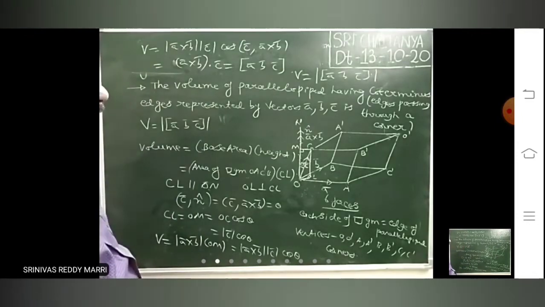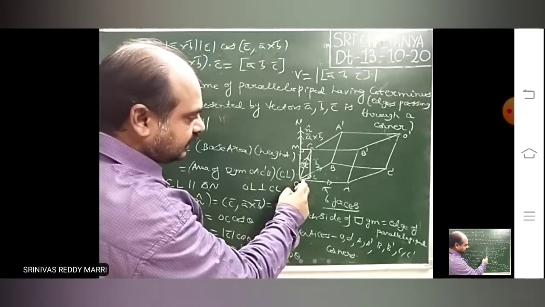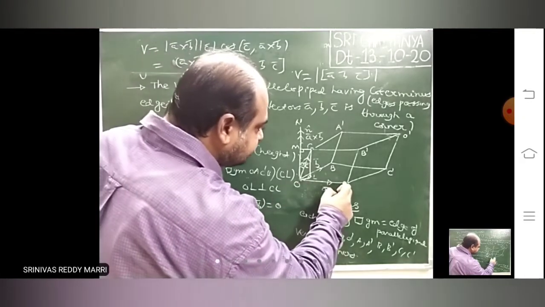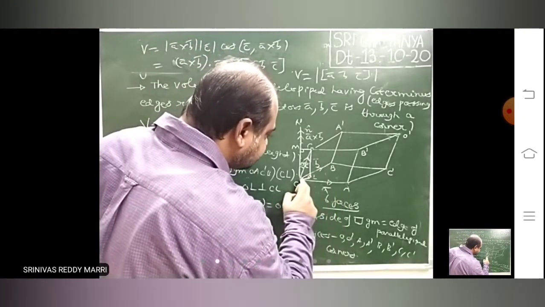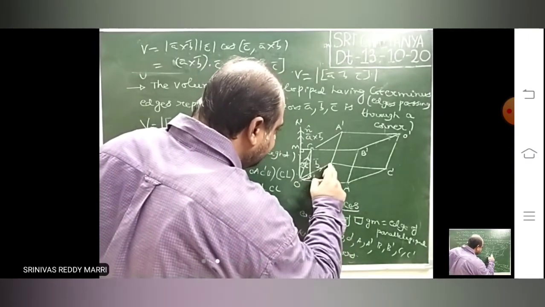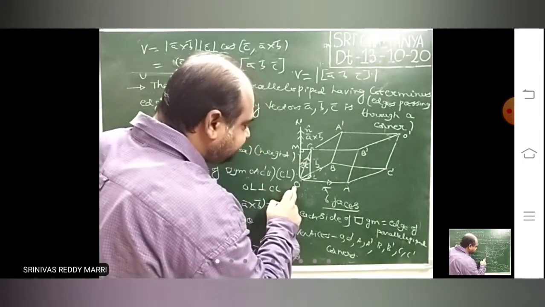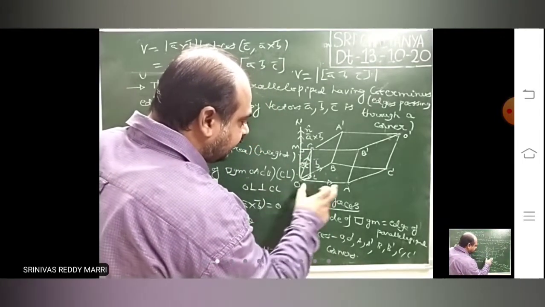Its geometrical interpretation is: if A bar, B bar, C bar represent three coterminous edge vectors, that means OA bar is one edge vector, OB bar is one edge vector, OC bar is one edge vector. Coterminous edges means passing through one corner.